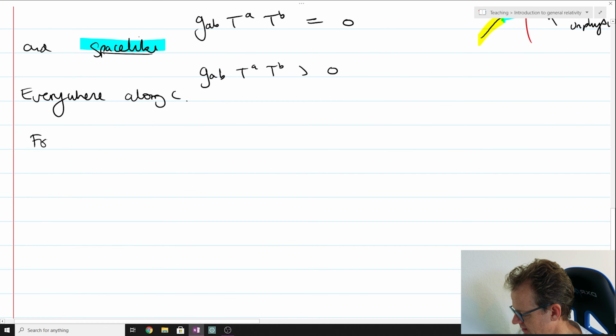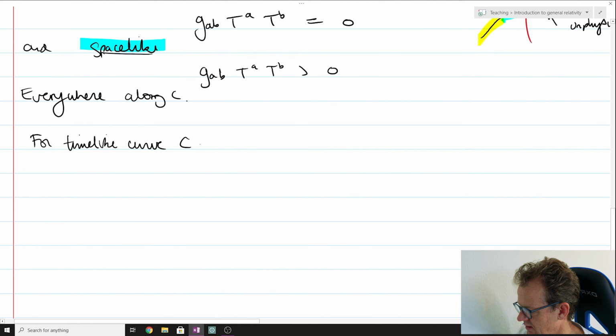Instead, we're just going to say, suppose we have a time-like curve. Suppose you have a time-like curve C. Well, we define, instead of the length, we call it the proper time.